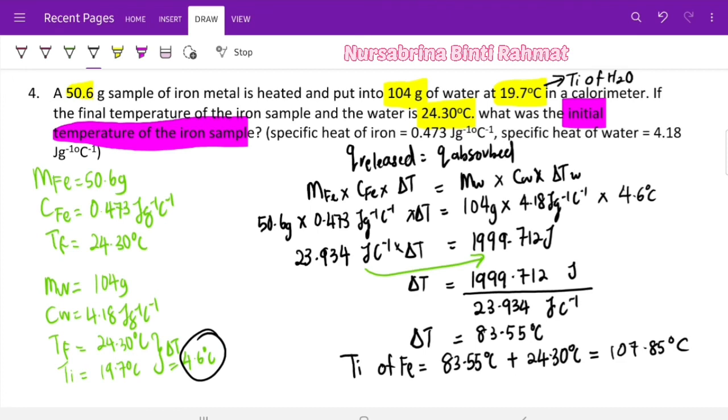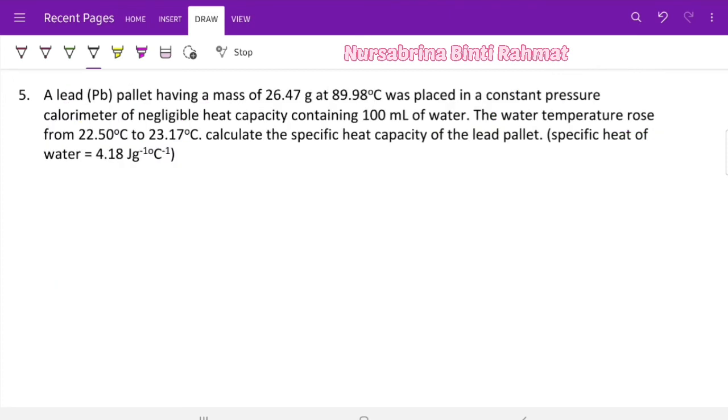Okay, let's move on to the final question in your first hour tutorial. This time you are dealing with a lead pellet having a mass of 26.47 gram, with an initial temperature of 89.98 degrees Celsius, which was placed in a constant pressure calorimeter of negligible heat capacity.